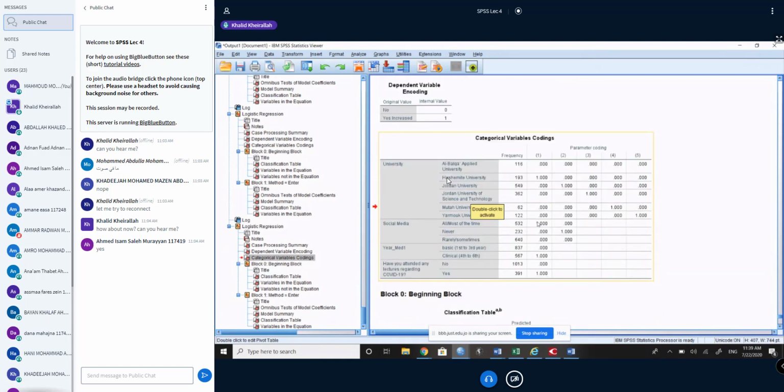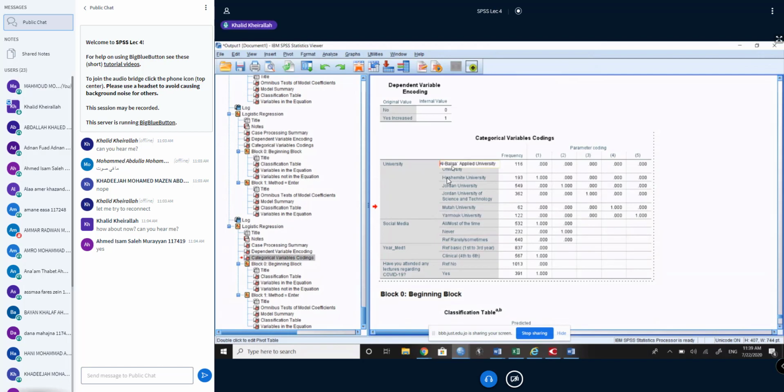Almost all the time is going to be, rarely sometimes it's going to be the reference group. Medical year here, the basic medical education will be the reference group, and attending no lectures will be the reference group. We can change it if you like, but just keep it as is, reference.